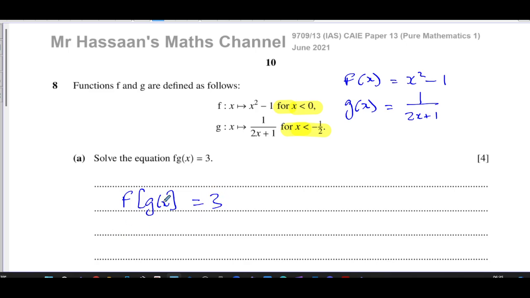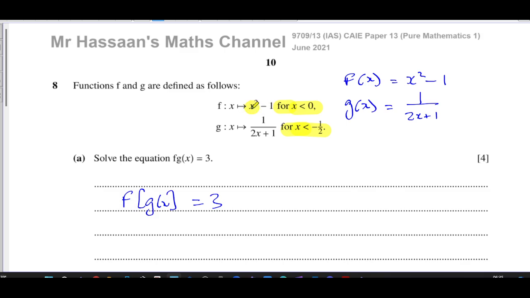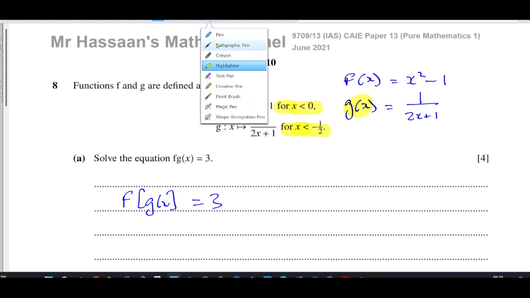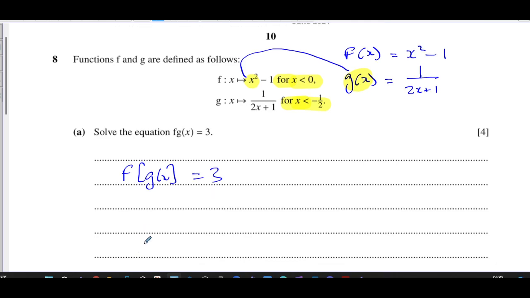So I'm going to put, instead of x in function f, instead of this x, I'm going to write g of x. Not what g of x is, but actually g of x itself. So I'm going to write this as g of x, instead of this x, so that has to be squared, minus 1, and I have to equate that to 3.